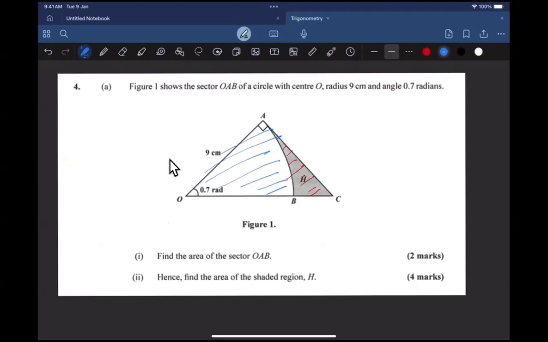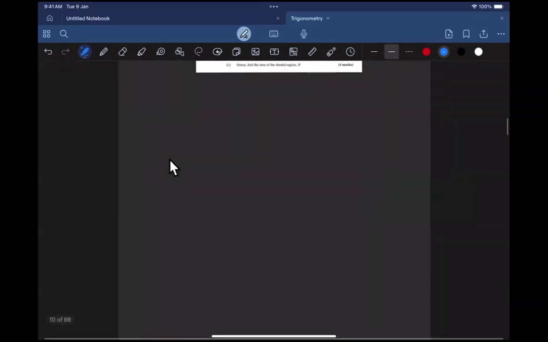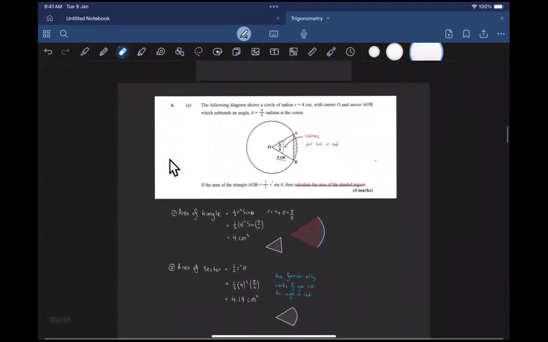We need to figure out the red region. What area do you think we might have to figure out first? We might have to find another area. Let me give you a hint. Look at this question over here.